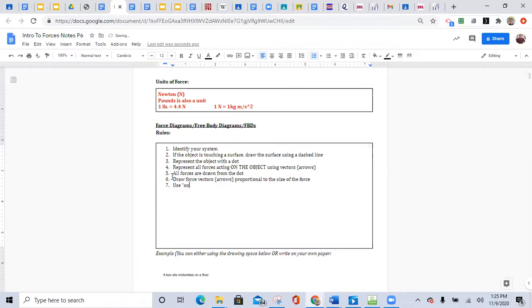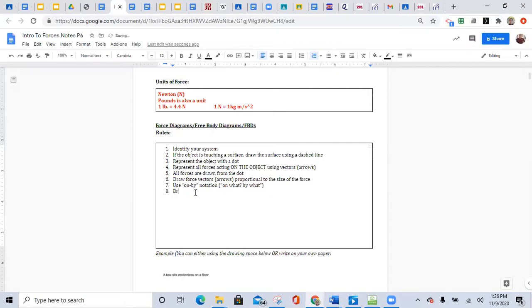Use on, by notation. I really want us to practice this at the beginning. We won't do it forever, but it's really good to note because it gets a little tricky. You're making sure that you're getting all the forces acting on it and none of the forces that are not acting on your system.